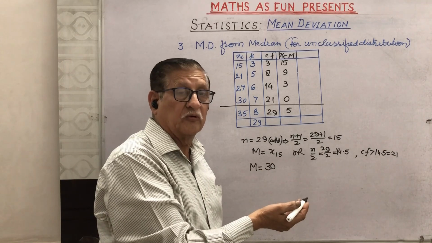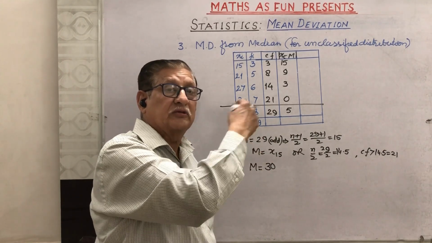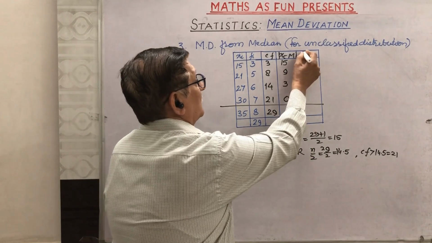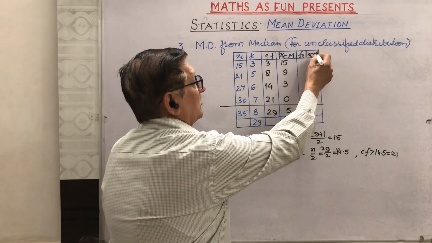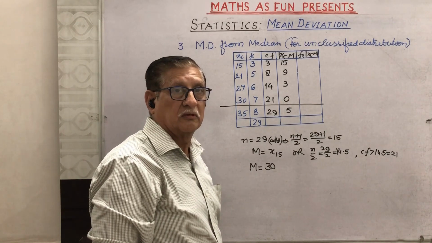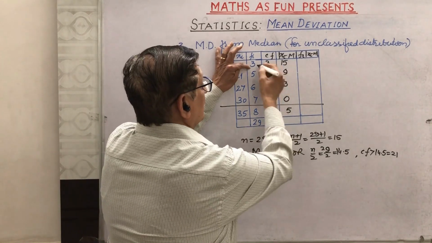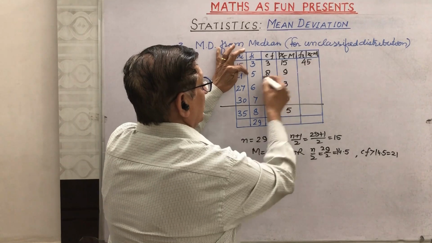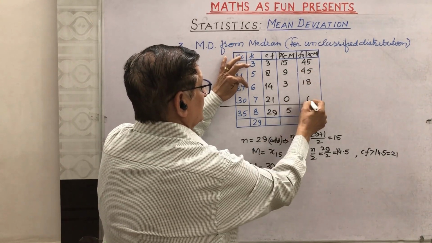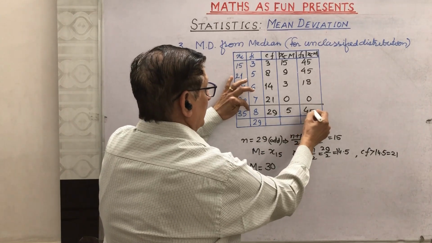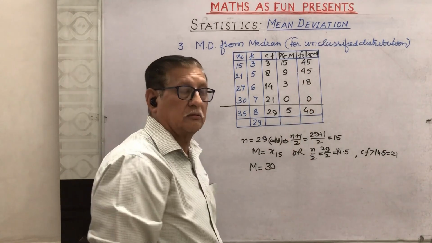After that, we have to go for the product of the frequency with the deviations. So we have to go for fi into modulus of xi minus m. And when we multiply, this comes as 15 into 3 is 45, 5 into 9 is 45, 6 into 3 is 18, 7 into 0 is 0, 8 into 5 is 40, that's all.